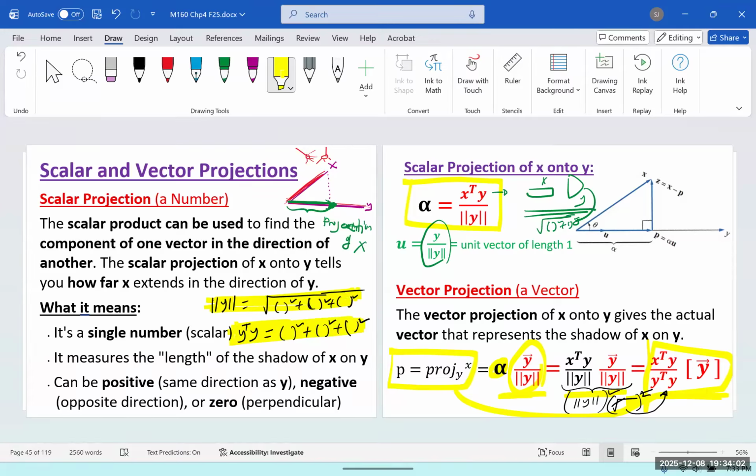That's the difference between norm and y transpose y. So you get a number, and then you multiply the y vector by that number. And then you get a new vector, the vector that projects onto the y for x.